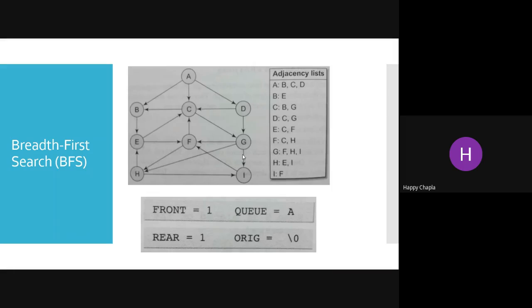Okay. Now this is one of the examples. In the given example, we have a directed graph with us. So first we have to make the adjacency list. If you want to make the adjacency list, what is the first step?